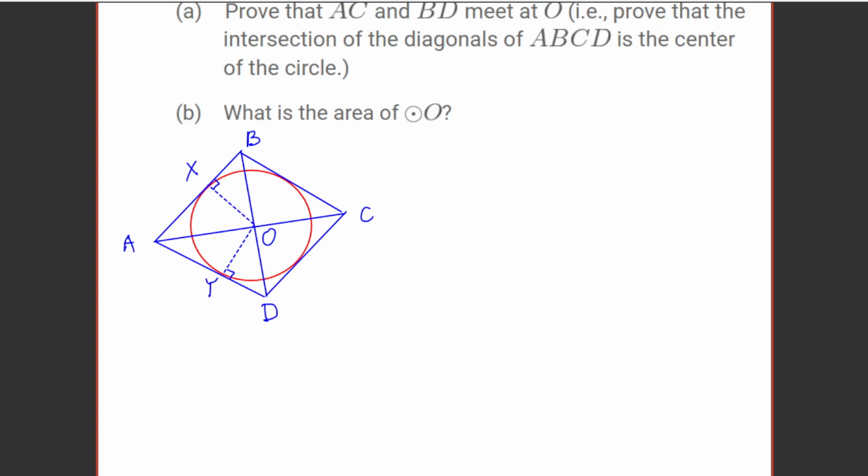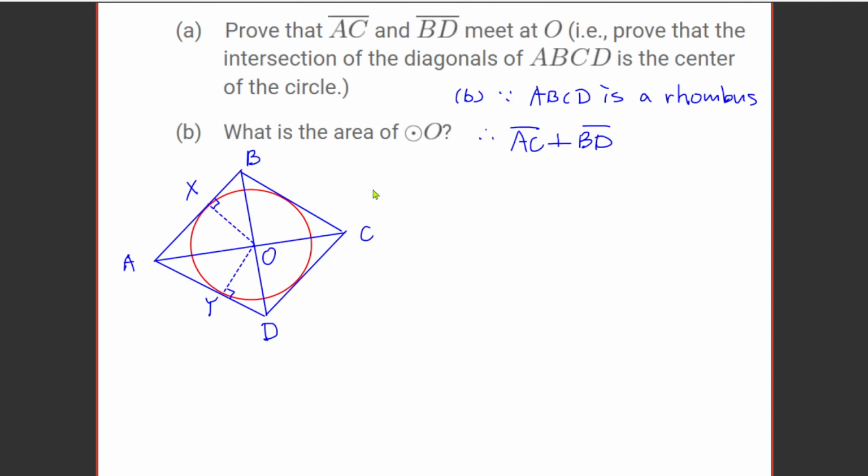Okay, let's write question B. So we know ABCD is a rhombus. Then we know that segment AC must be perpendicular to BD because they are the diagonals of a rhombus. Therefore, we know angle AOB must be a right angle.